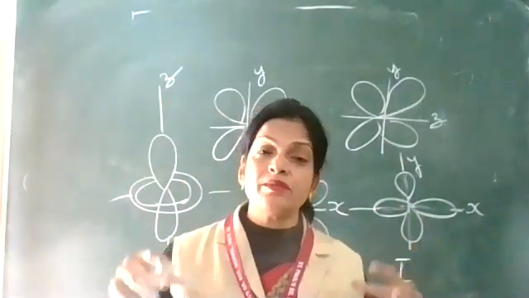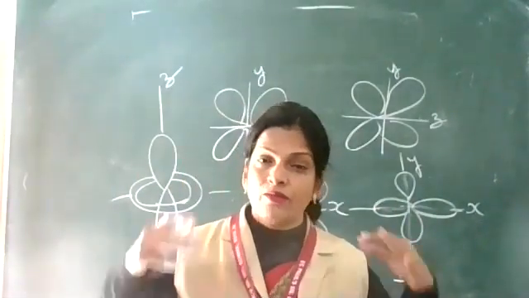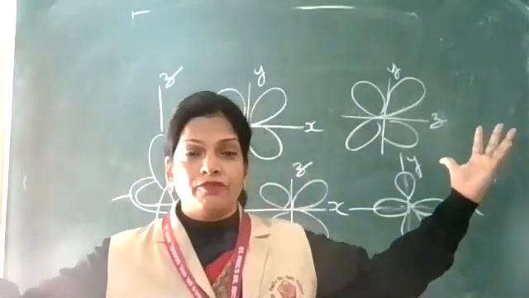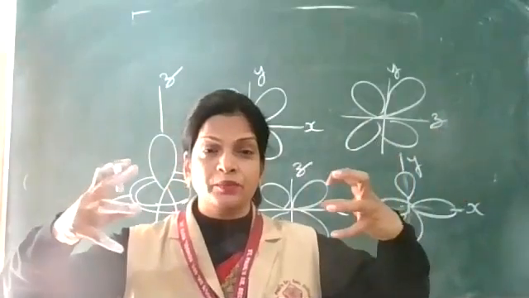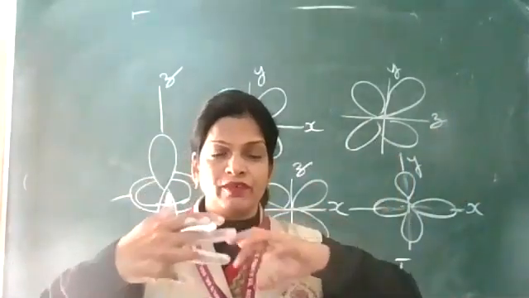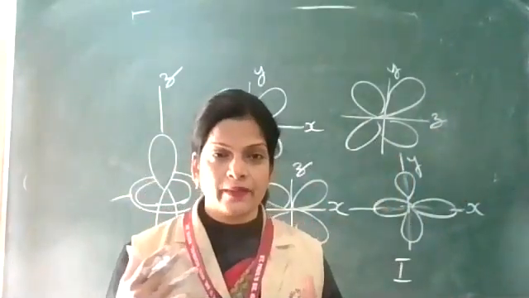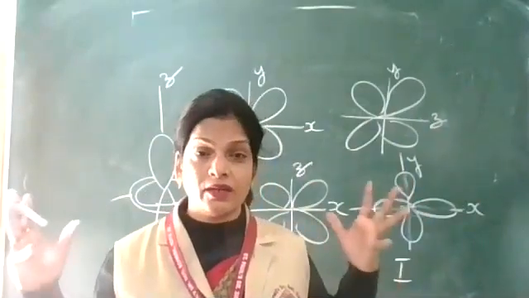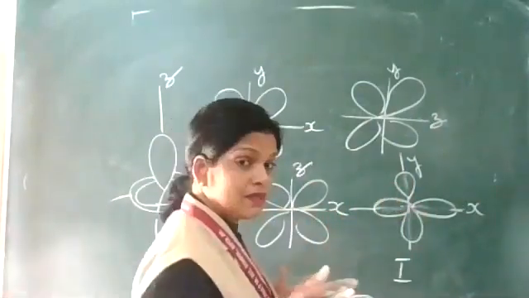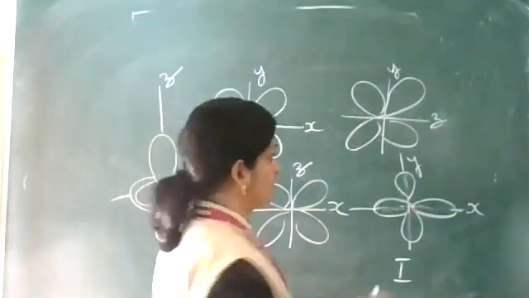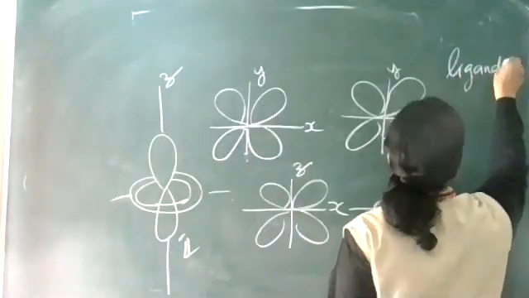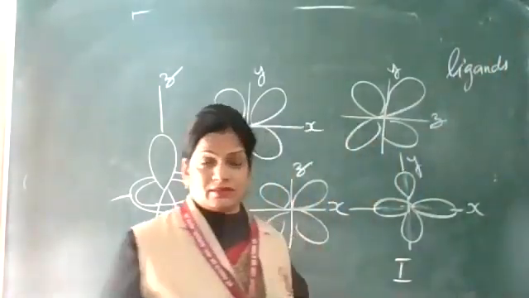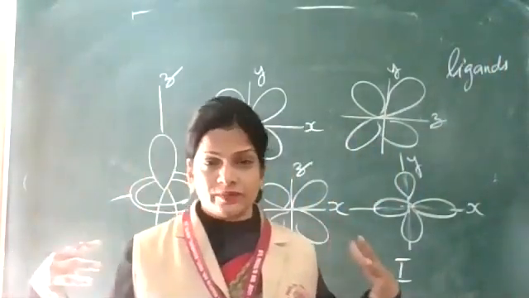To those empty orbitals, if species with pairs of electrons come from outside to make bonds by filling them, those species are called ligands, and we will study them in the next chapter. They are coming from outside.